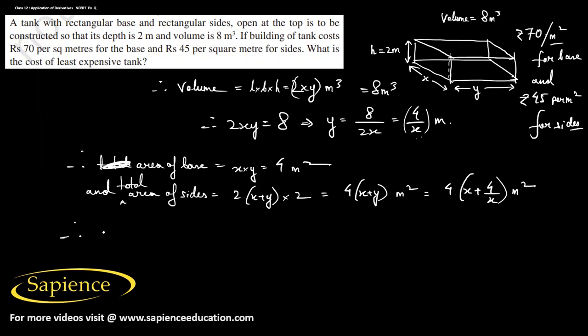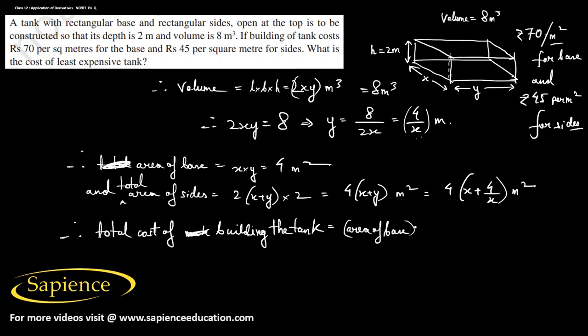Now the total cost of building the tank will be the area of the base into the cost for constructing the base, which is 70 rupees per meter square, plus the total area of the sides into the rate for making the sides, that is rupees 45.